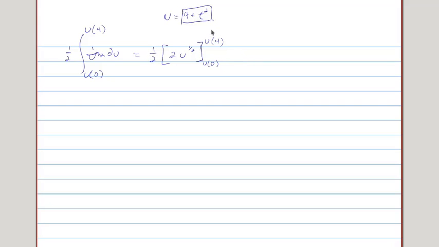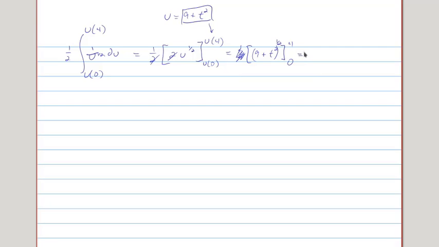And when I do that, I go back to my original bounds of integration. 1/2. Oh, we can get rid of that, the 2's. So what I really have is 9 plus t squared to the 1/2 power. So I just back substituted my t, and now I can go back to my original bounds of integration.